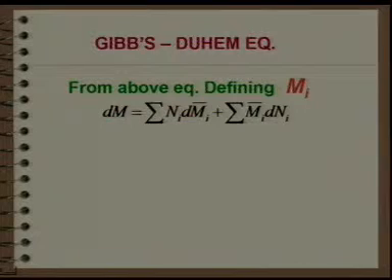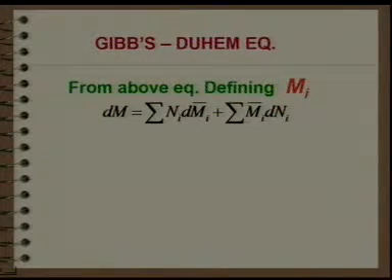So, you can write down therefore that dM will be equal to Ni dMi bar plus Mi bar dNi. This should be clear. This is the general relationship for change in any extensive property M, which accounts for the change due to change in the partial molar property and change in number of moles.